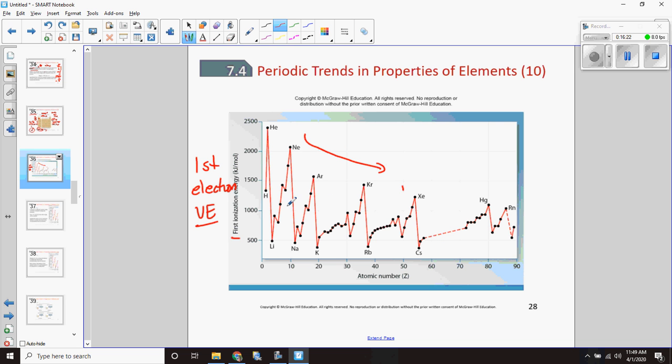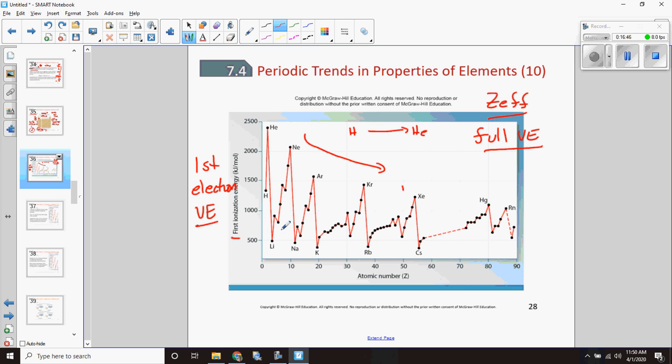It looks like we start off going from hydrogen to helium. That's basically going from the top of the periodic table over to helium. Helium has a huge ionization energy. So obviously there's an effective nuclear charge as part of the answer, but there's actually a little bit more. It has to do with how full the valence shell is.